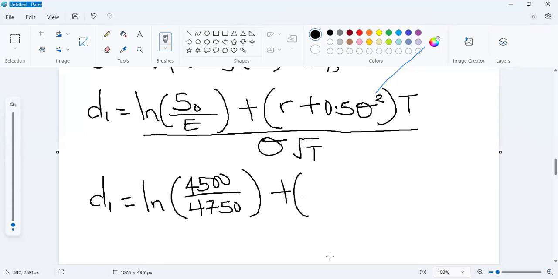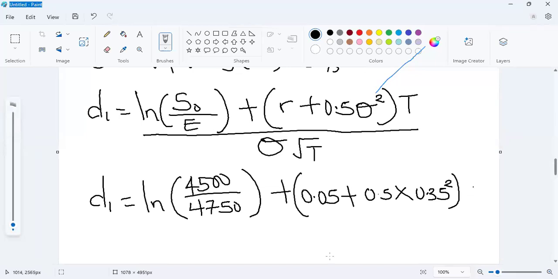Our risk-free rate, 5%, 0.05 plus 0.5, which is constant, 0.5 multiplied by our volatility 35%, 0.35 raised to power 2.